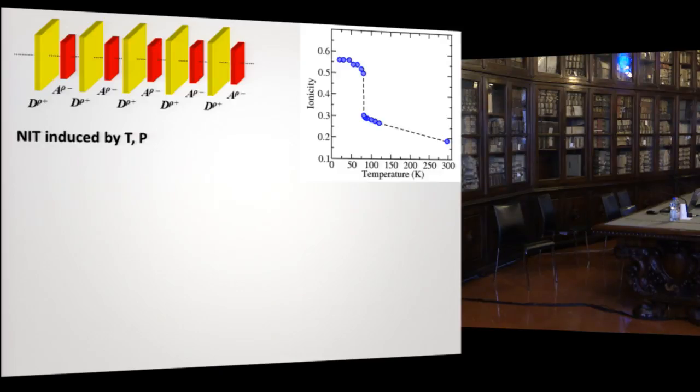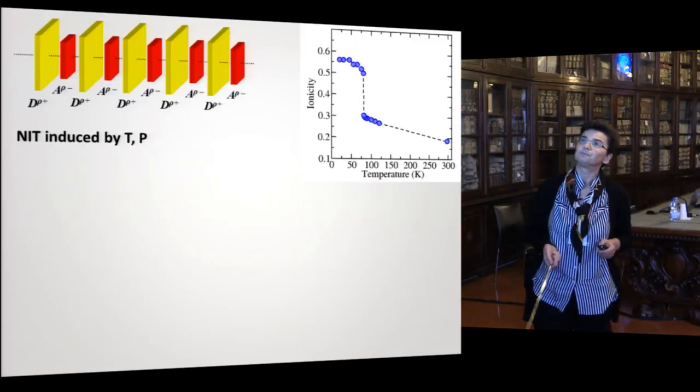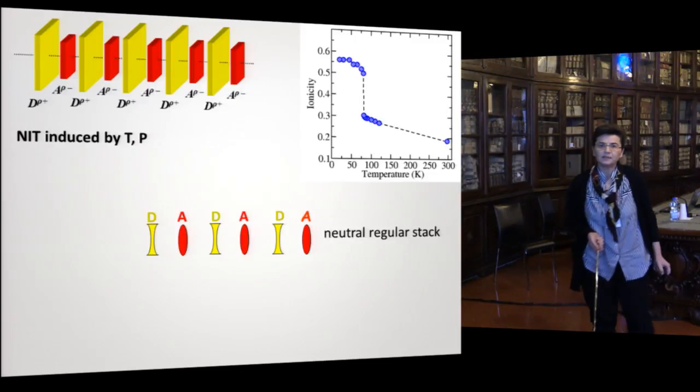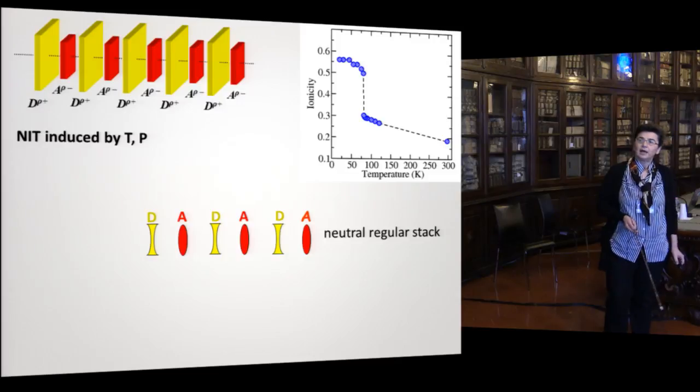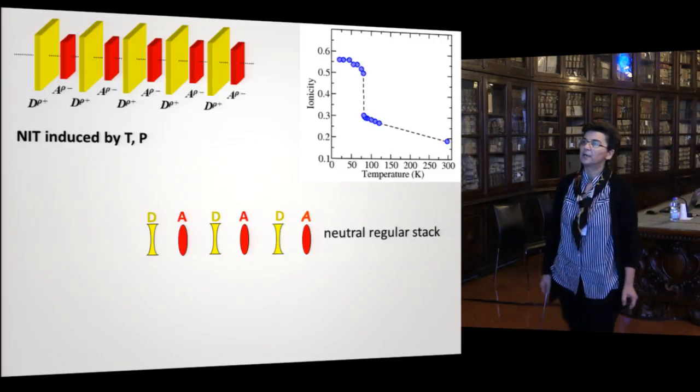When you compress the lattice by either decreasing temperature or increasing pressure, you increase electrostatic interactions and favor charge transfer, favor ionic states.